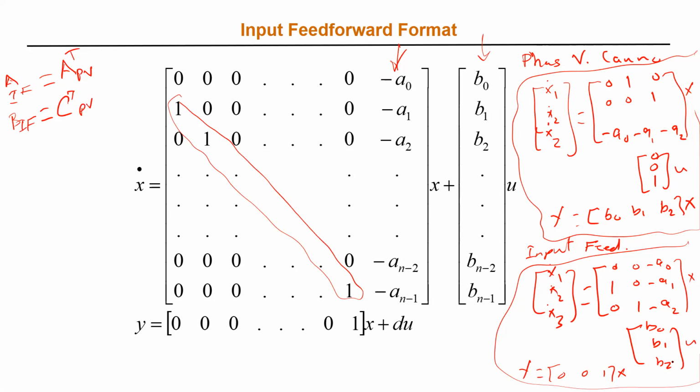Transpose this one and consider it to be the B. How about the C of the input feed forward? This is equal to B transpose of the phase variable. Take the B in here, transpose it, and you get the C. So they are related. Once you get one of them, you can get the other directly.